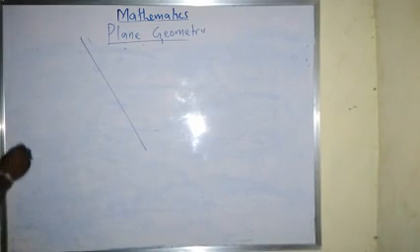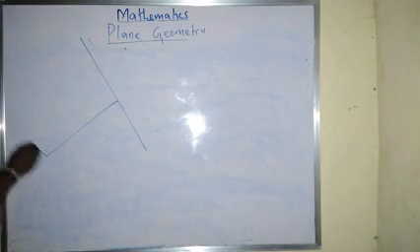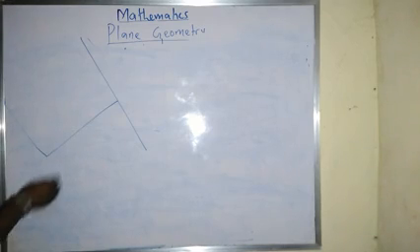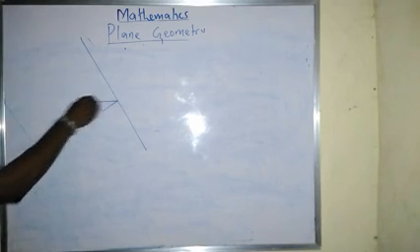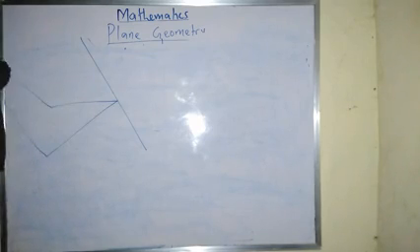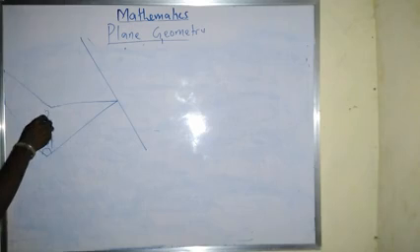Now I have a straight line. I have an angle. I call this place 89. I call this place 241.